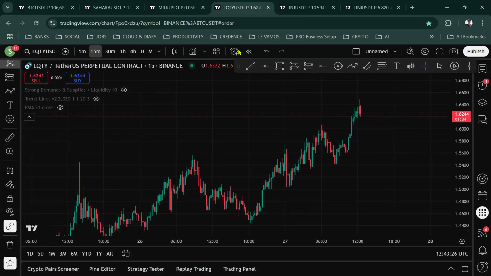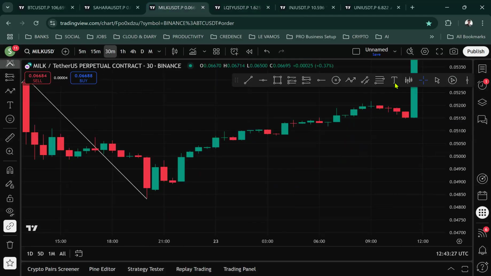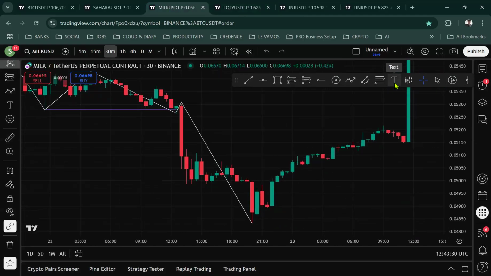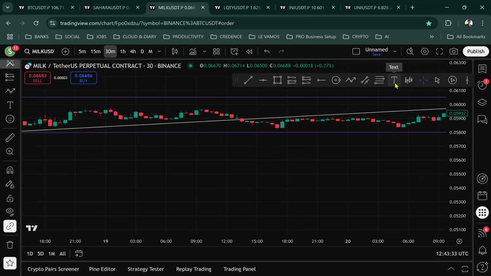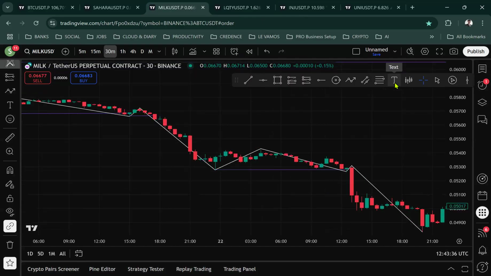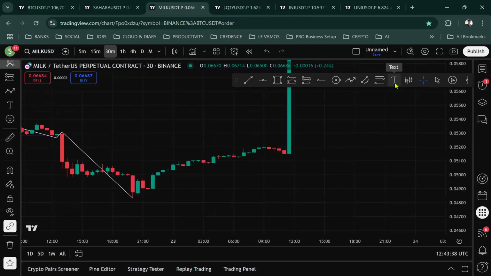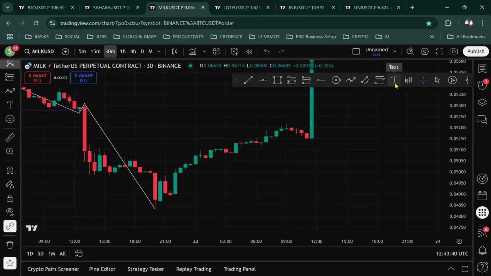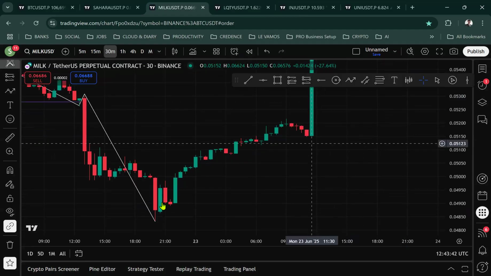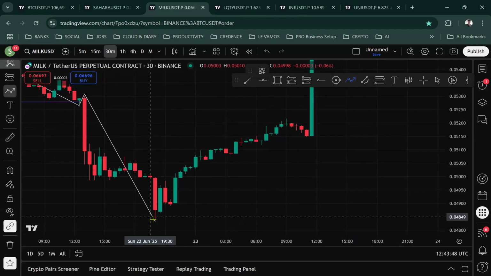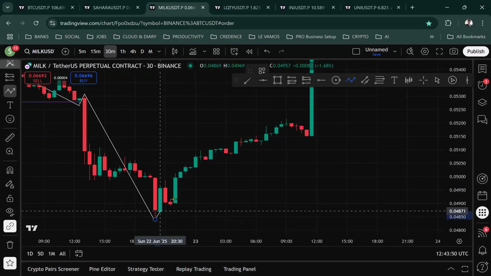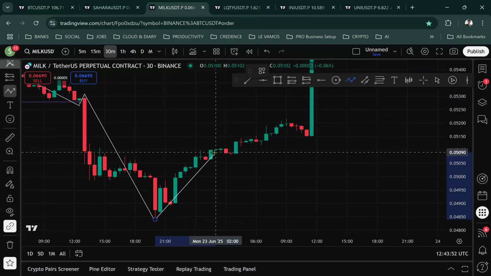This is the one we are checking actually. Yes, this is the one we are looking for. So if I say this is the highest point from here, this is the highest point.